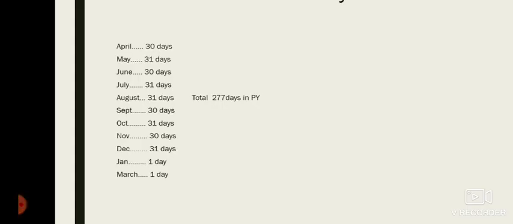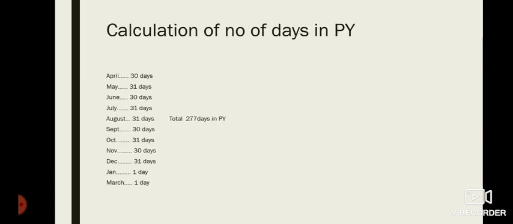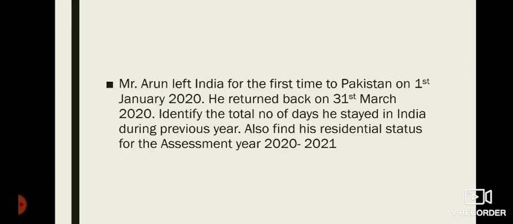Yes, here, when did Mr. Arun leave India for the first time? He left on 1st January 2020 and he returned back on 31st March 2020. Just concentrate on the first line. Mr. Arun left India for the first time.